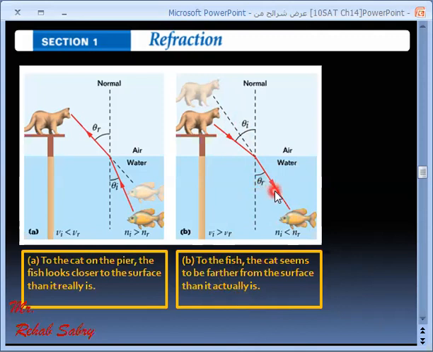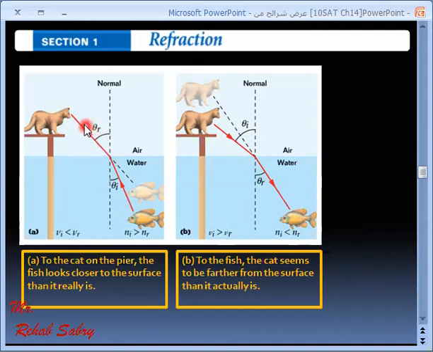By the way, remember that we see the image along the extension of the ray that reaches our eyes. That's what happened here, and also to the cat here.